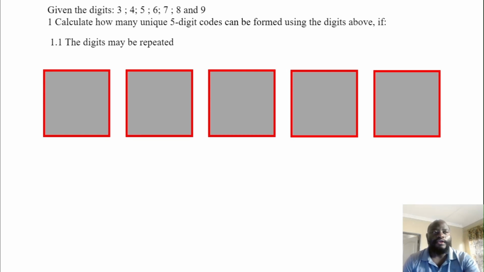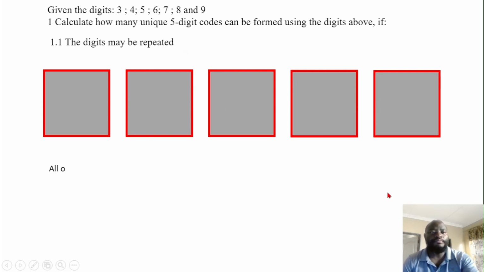The boxes are not the actual code we're generating, it's actually the number of possibilities that each position has. So we're going to see how many numbers are allowed to be in each of the positions and follow the conditions that we are given.